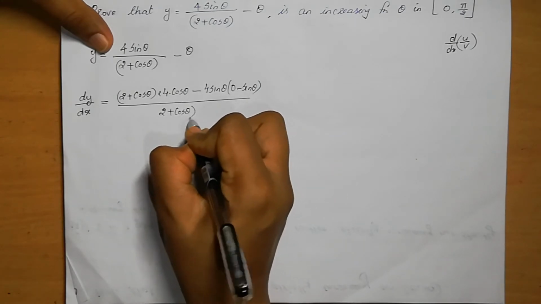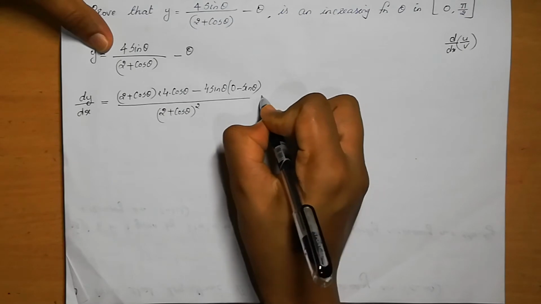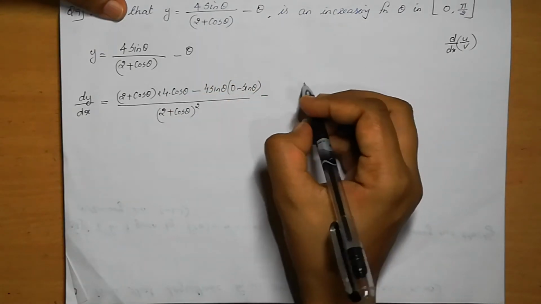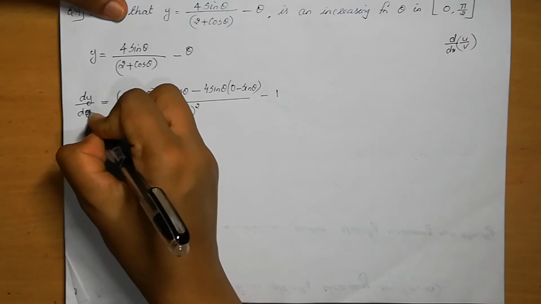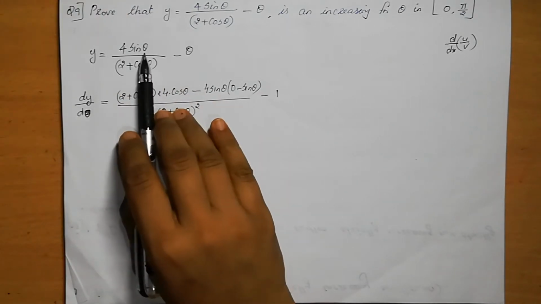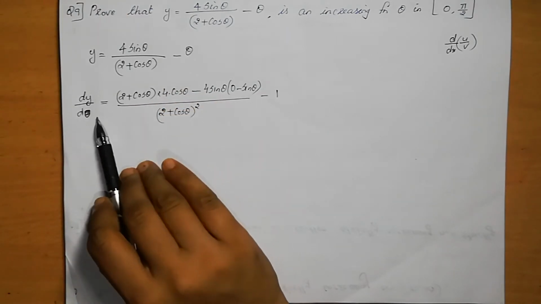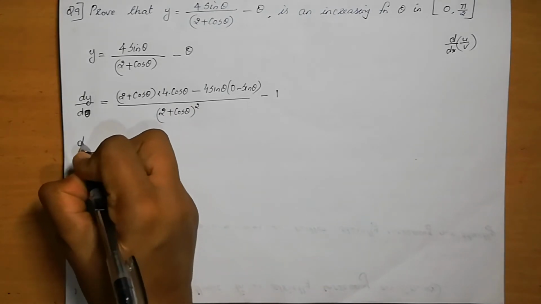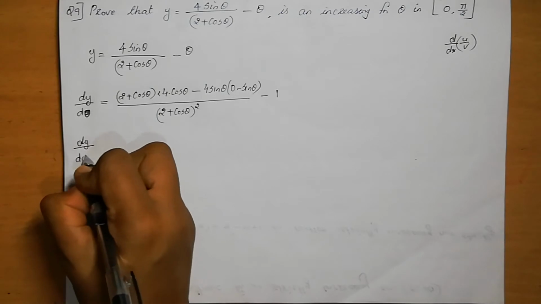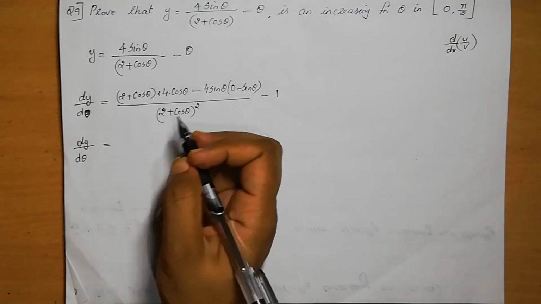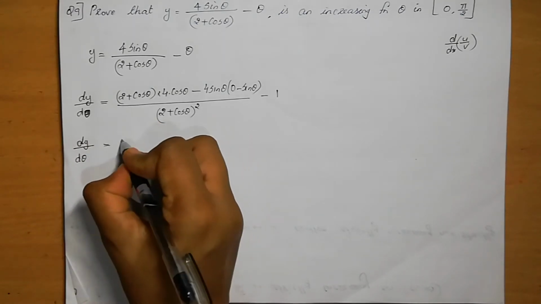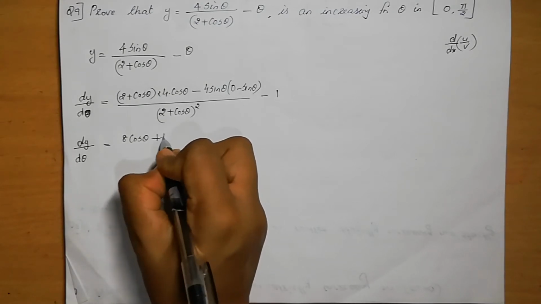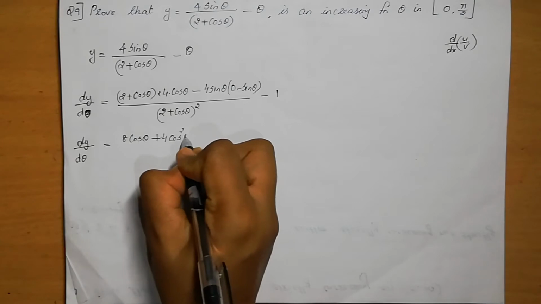The whole divided by 2 plus cos theta the whole square, minus derivative of theta. Derivative of theta is what? 1 only. Here it is d by d theta because the function is not in terms of x, it is in terms of theta only. So we are differentiating with respect to theta. So dy by d theta, the numerator we can open the bracket and write: 4 into 2 is 8 cos theta plus 4 cos square theta.